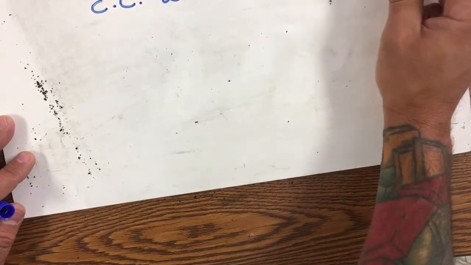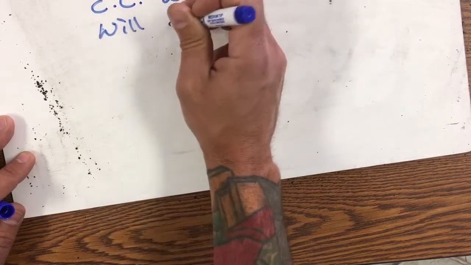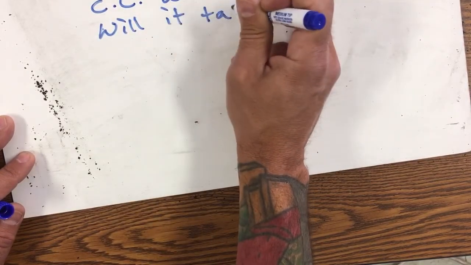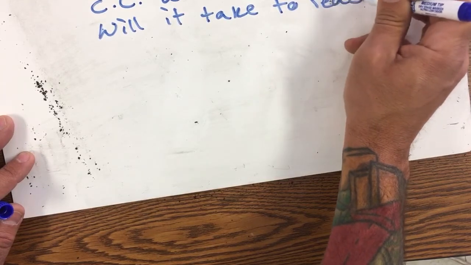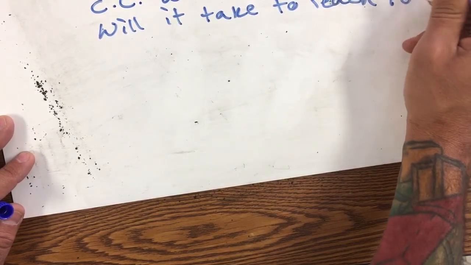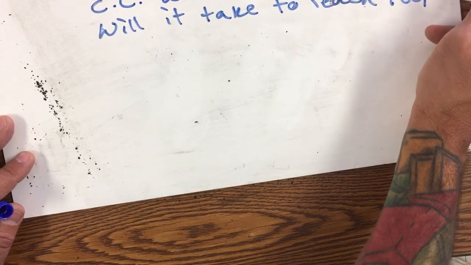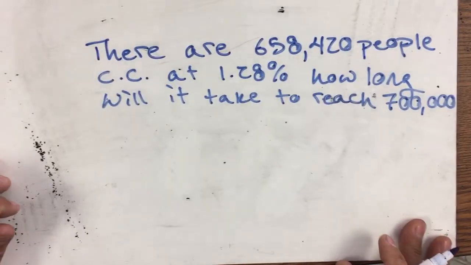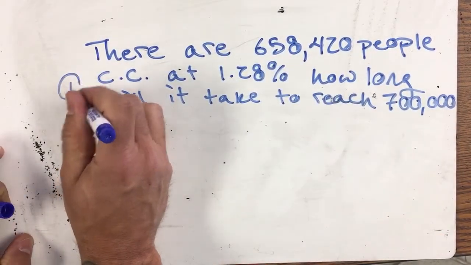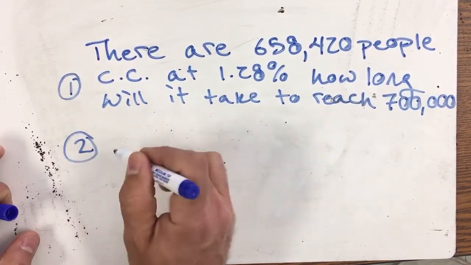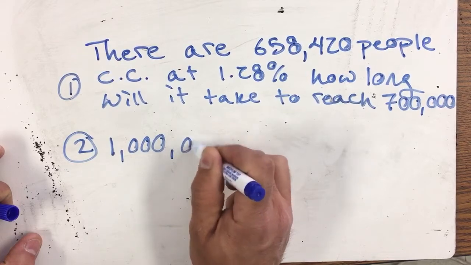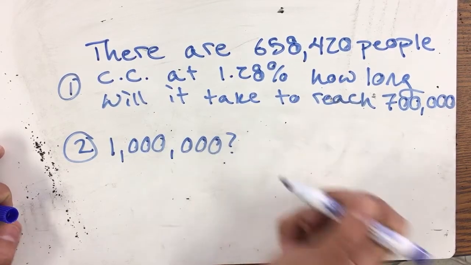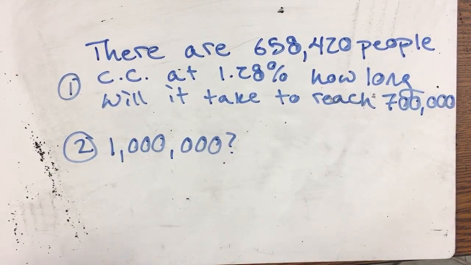How long will it take to reach 700,000 people? That's number one. And number two, how long to reach 1 million people? I just want you to do those two problems and turn them in when you come in.